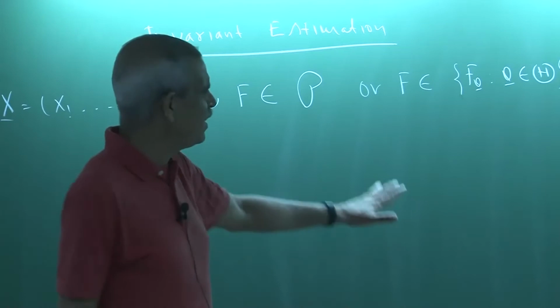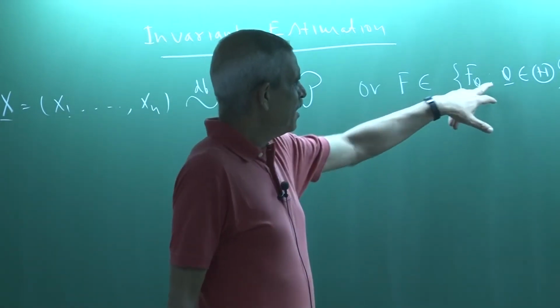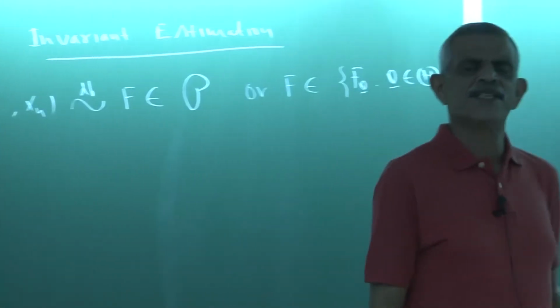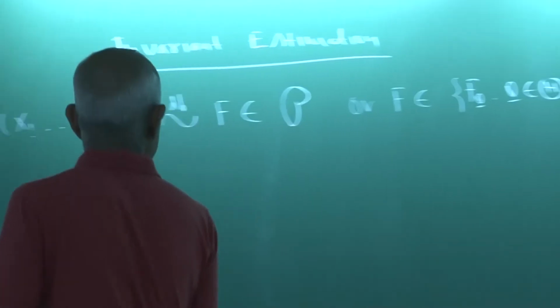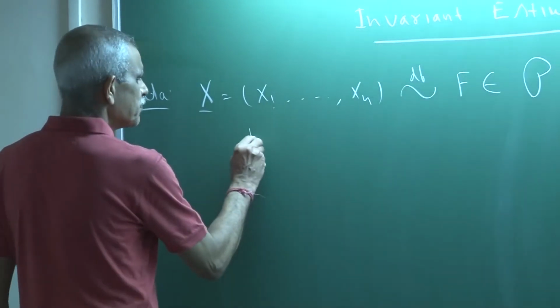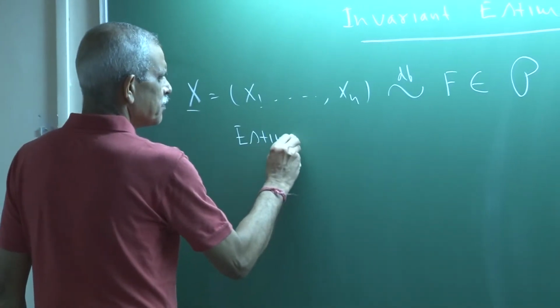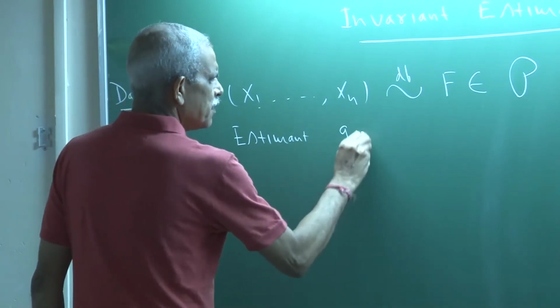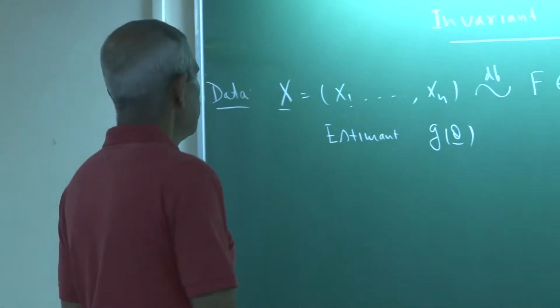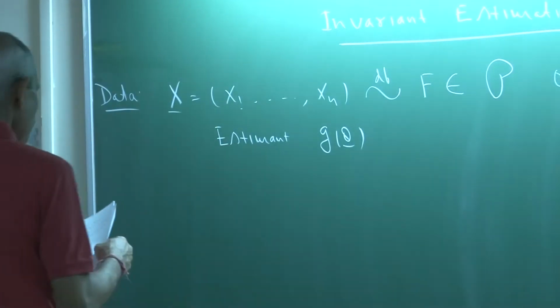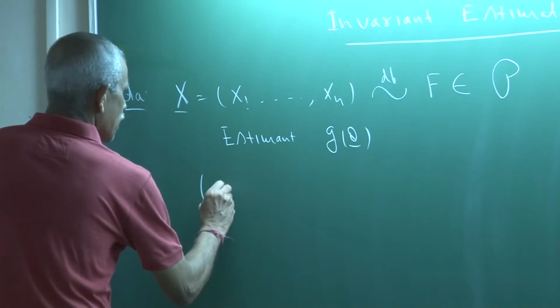Now, mostly we will deal with a parametric setup. That means your distribution is characterized only in terms of an unknown parameter, and the form of the distribution function is known to you. What you have is a quantity g theta which you want to estimate.